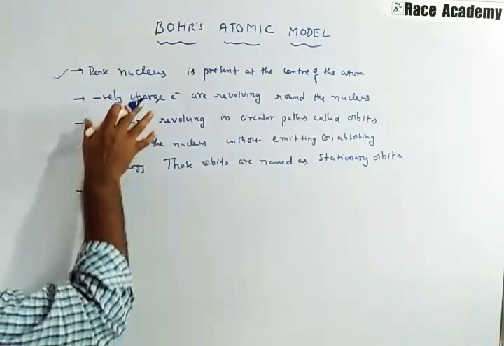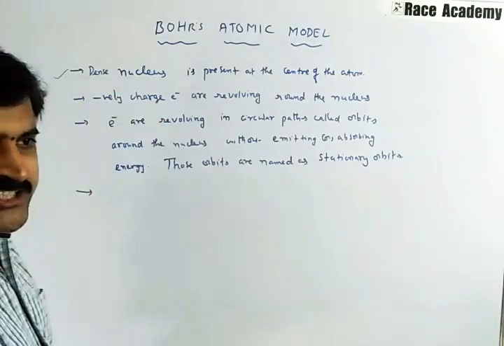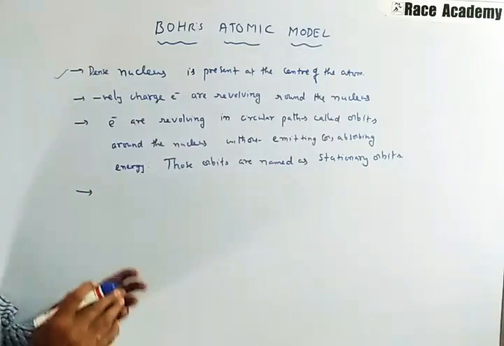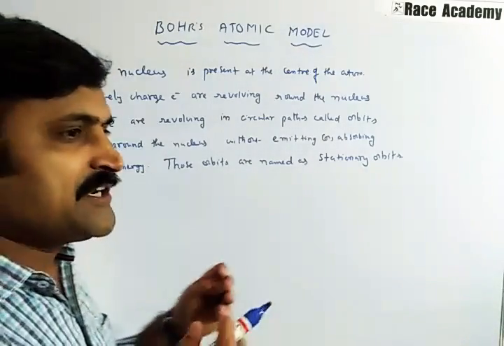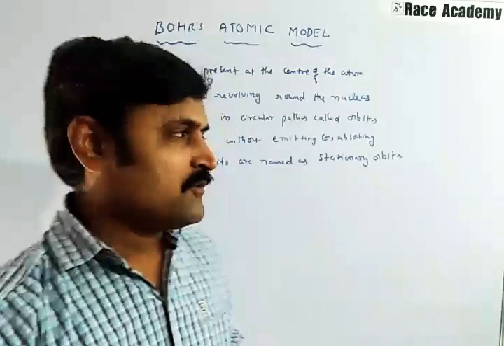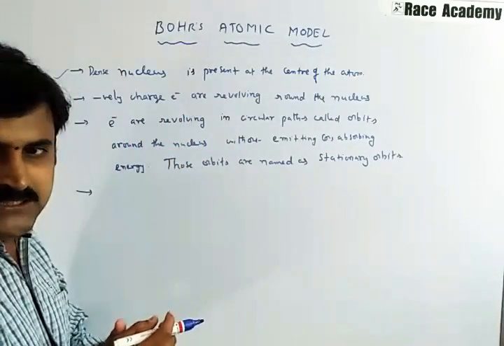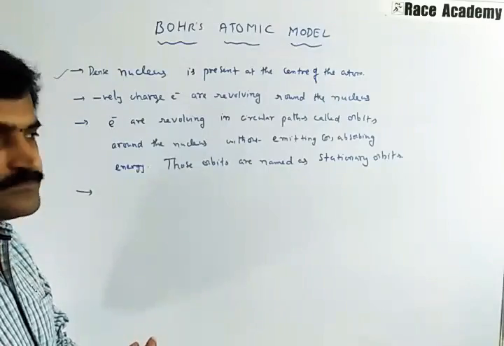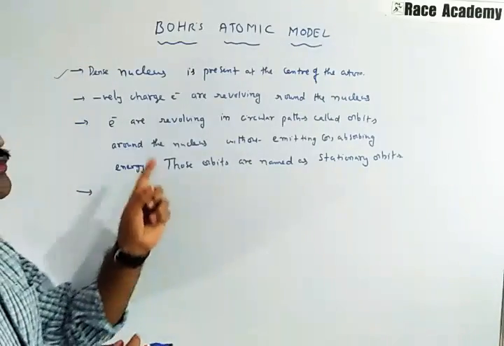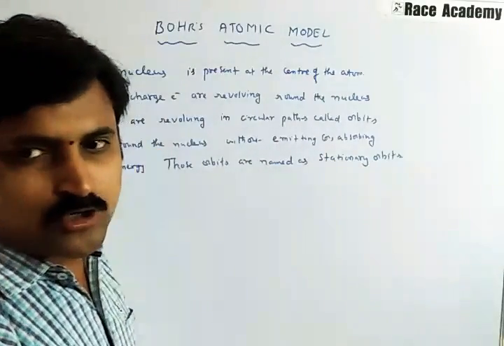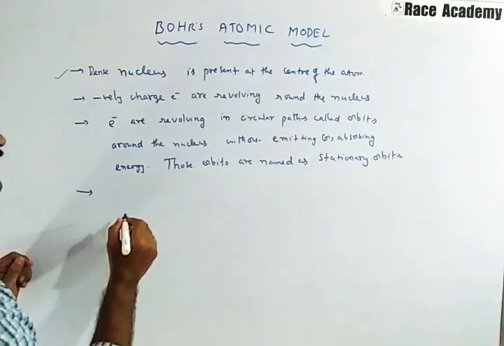For that, Bohr's important postulate tells that the amount of energy which is emitted or absorbed when the electron transfers from one orbit to another orbit is equal to h nu.